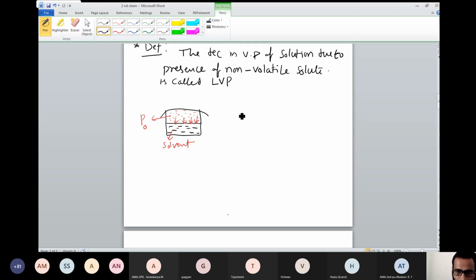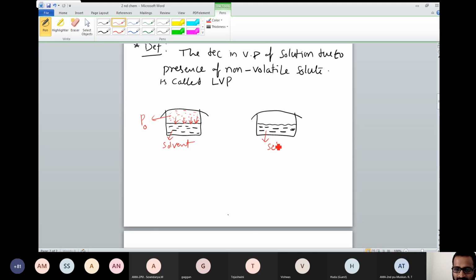Now I will take one more beaker. This is also a closed beaker. Here you have solvent, and here you have a solution.